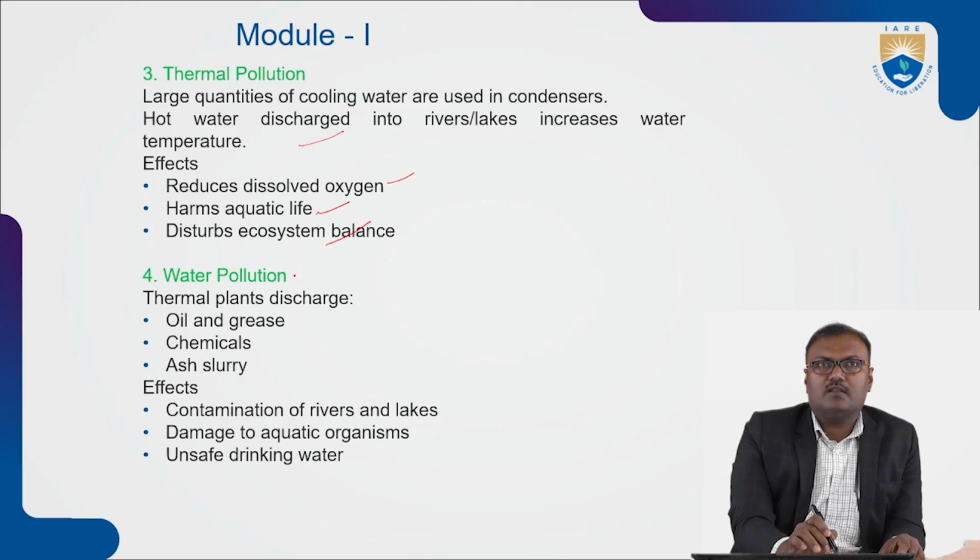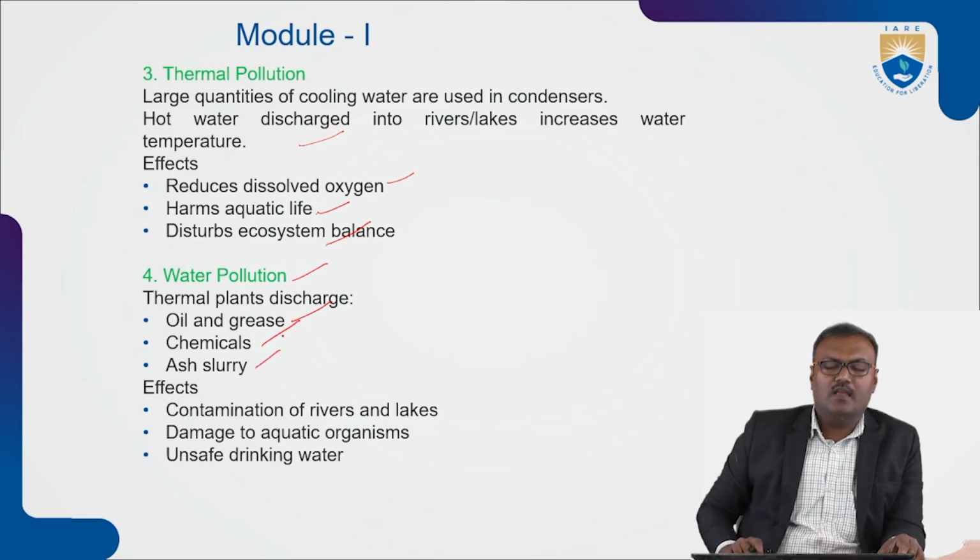And water pollution is another effect, due to the discharge of oil and grease, chemicals, and ash slurry. The effects are contamination of rivers and lakes, damage to aquatic organisms, and unsafe drinking water.